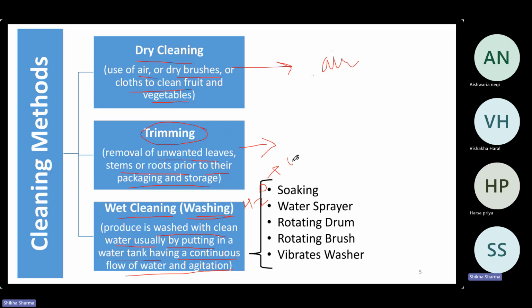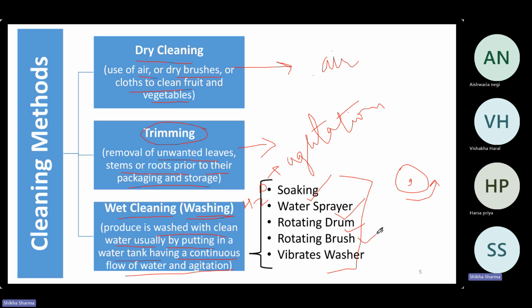The methods for wet cleaning include soaking, like dipping into a water bath, and then spraying with water, and then we can use a rotating drum. The food product is inside the drum along with water, which helps in cleaning.